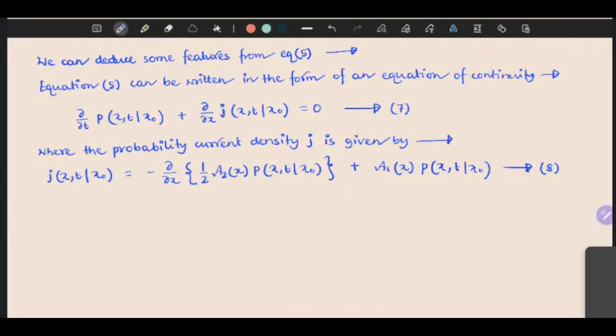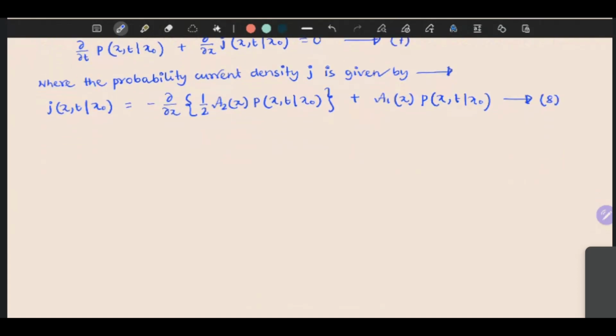Basically, if you take del x, this side will be minus, so you can write it like this. This is equation 8. So we can write the probability current density as it follows these equations. Now consider this case.